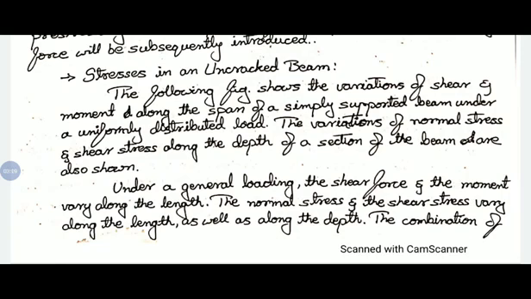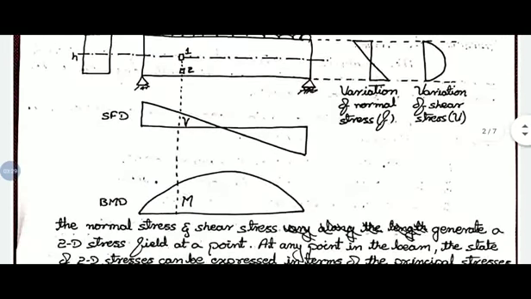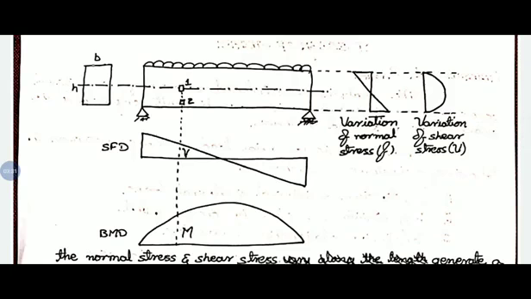The figure shows the following variations of shear and moment. In the figure on the next page, you can see the variations of shear and moment along the span of the simply supported beam.